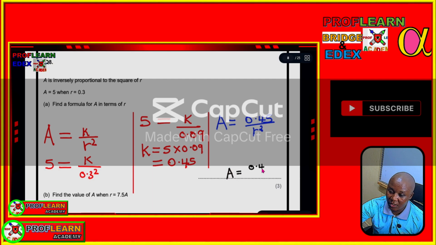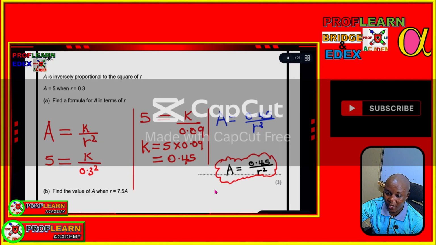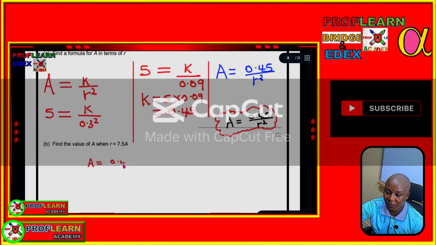And in the event they want you to use that formula that we have stated there, you are going to do that in part B. We're supposed to find the value of a when R is 7.5a. So which means at any point where we have R, we are going to substitute 7.5a into this formula that we have obtained, and then we shall square that part.